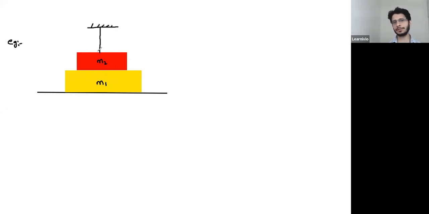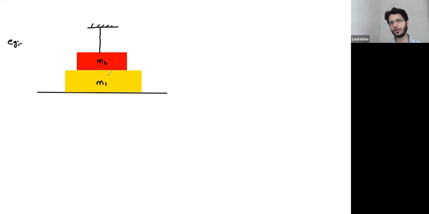This is my entire system. So before drawing FBD, I have to mention all forces which are acting on the body. So can you just count the total number? Just draw this diagram. I'm giving you 2 minutes. Draw this diagram in your notebook and try to decide the total number of forces which are acting on the system.